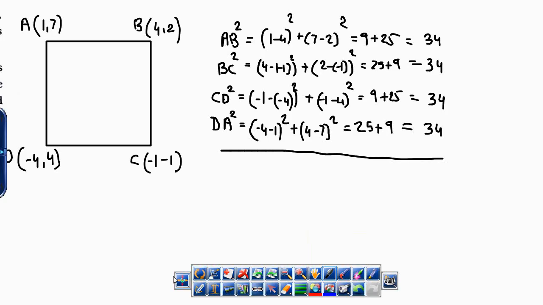At the same time, I will also find the two extra distances of the two diagonals AC, BD. That is mandatory.